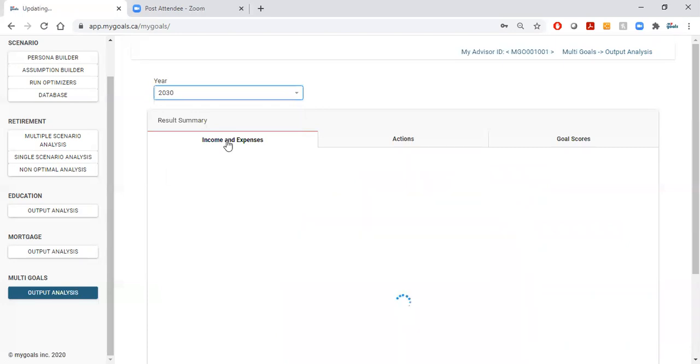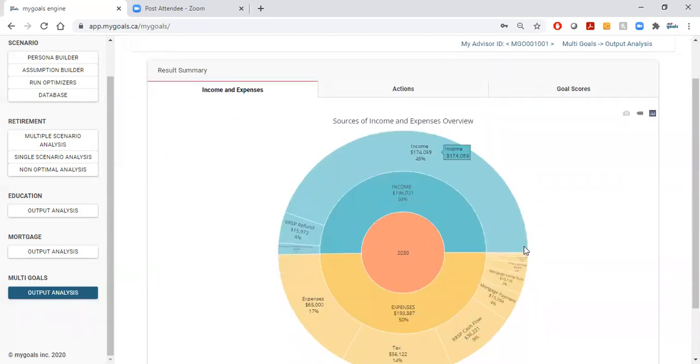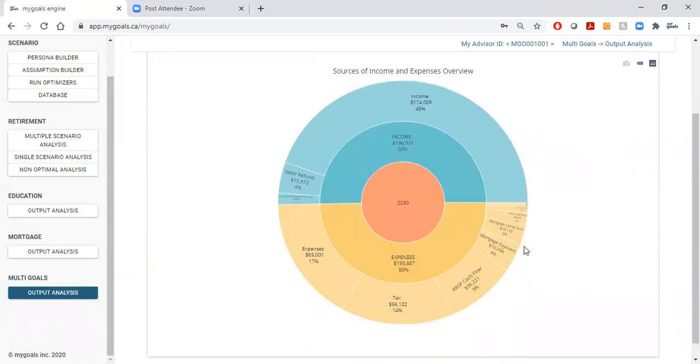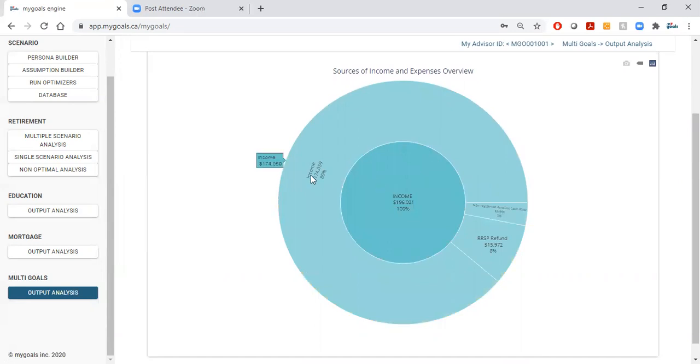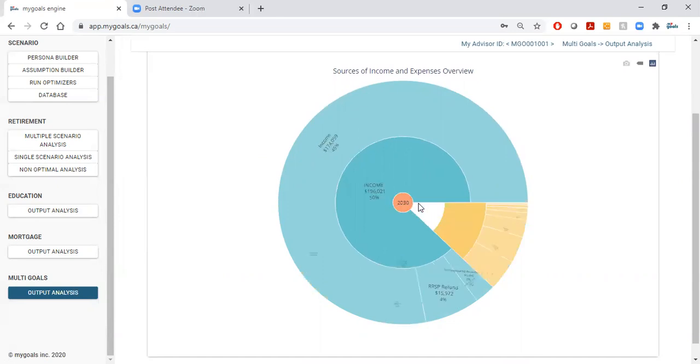So if you wanted to look roughly 10 years forward to see what that might look like in terms of incomes and expenses, we factored in all your raises and other things that we've defined. So your different sources of income, your salary of $174,000 and change, your RRSP refund, and a non-registered account cash flow of just under $6,000.